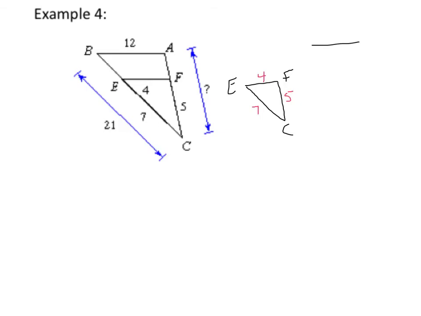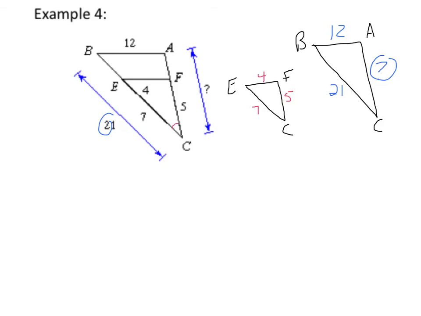Then we have the larger triangle, with side lengths 21, which is given right here, and unknown right here, and 12. Now they want us to find the unknown. Okay, so let's make a proportion. Now again, what sides match up?